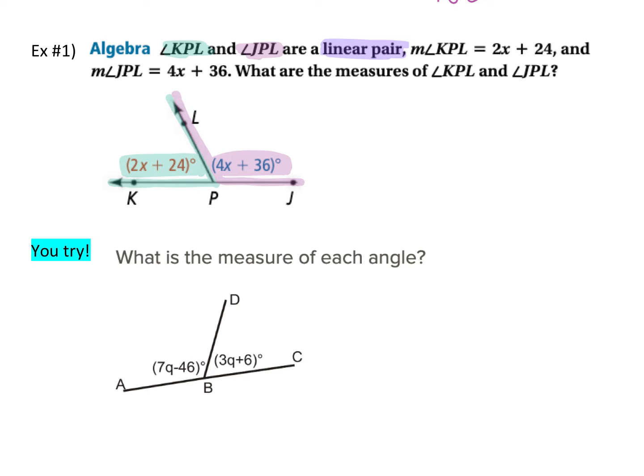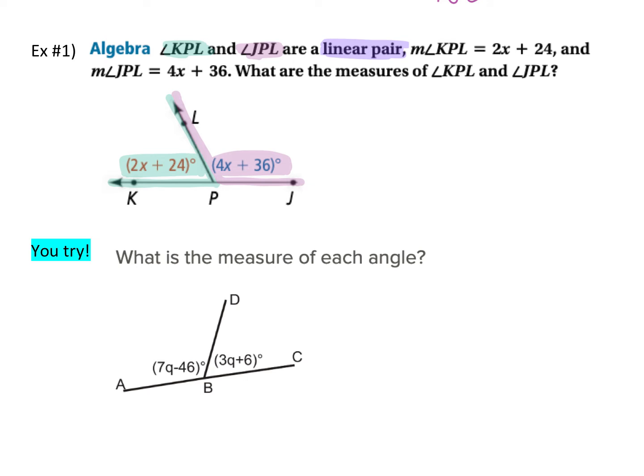What is a linear pair? How many angles? A pair. Two angles, right? A pair is two angles, and they form how many degrees together? 180. Okay, so you're looking at two angles that add up to 180. So that's what you're going to do.